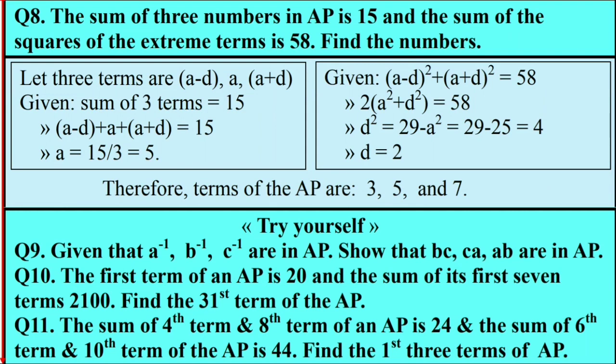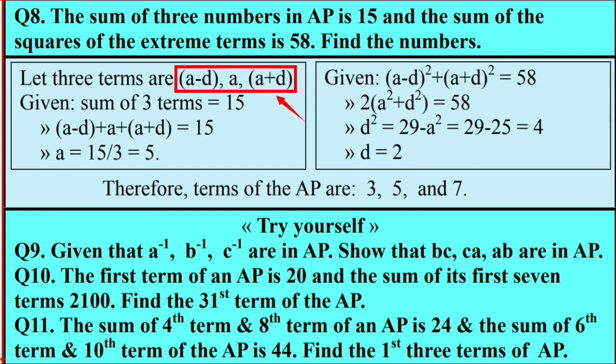Let's take the same question again and try to solve it the way we are suggested to assume the terms of an AP. Here, according to the question, three terms are there. So we are suggested to assume these three terms as a minus d, a and a plus d.